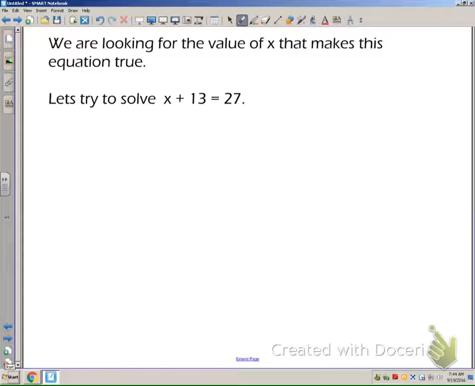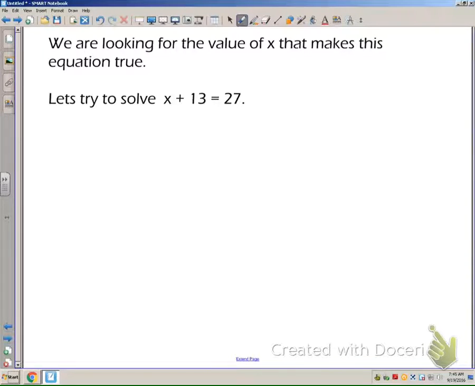Okay, so we want to find a value of x that makes this equation true. So we're trying to solve for x. We have x plus 13 equals 27. If I think back to those vocabulary terms, we had the addition property of equality and the subtraction property of equality.